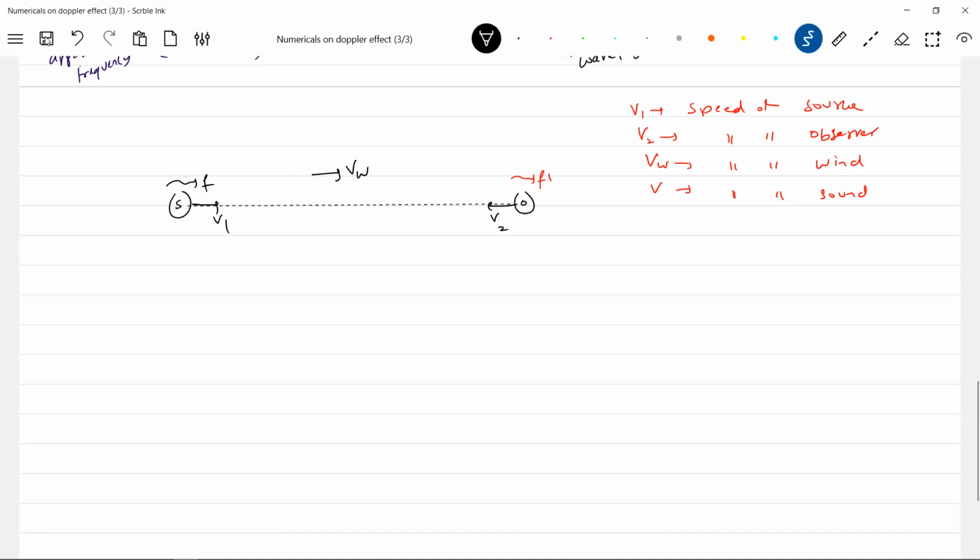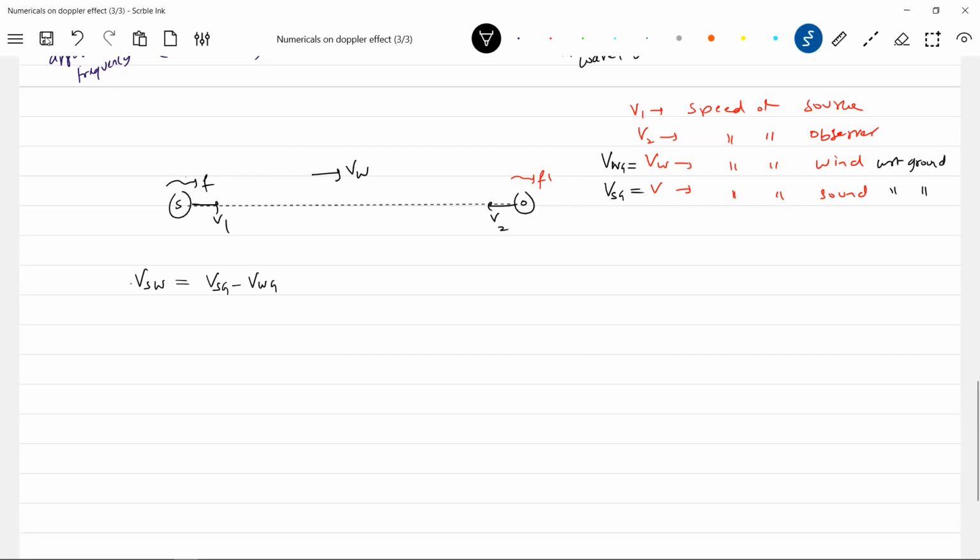So now first we'll get into the velocity of sound with respect to medium is equal to velocity of sound with respect to ground minus velocity of wind with respect to ground. This is nothing but VWG, and this V is nothing but velocity of sound with respect to ground. Let's have clarity with the symbols.